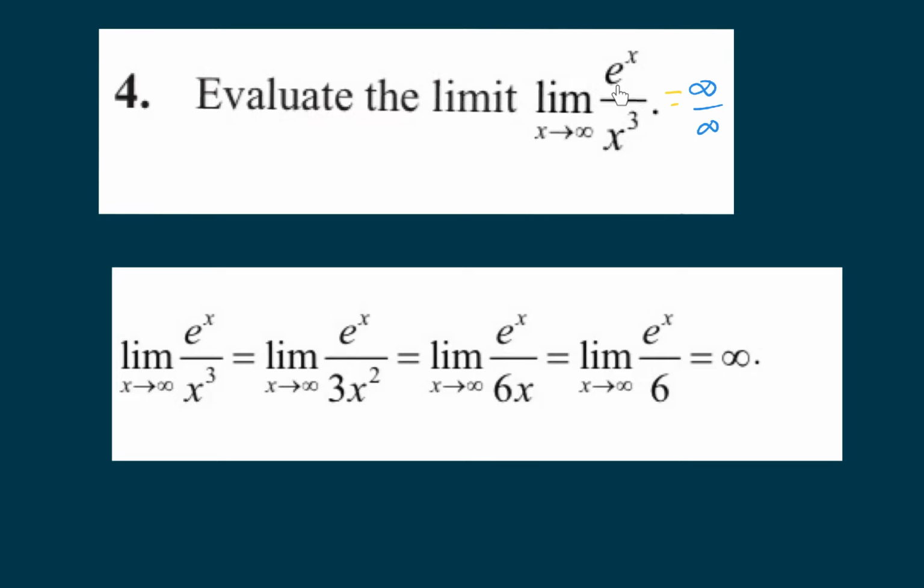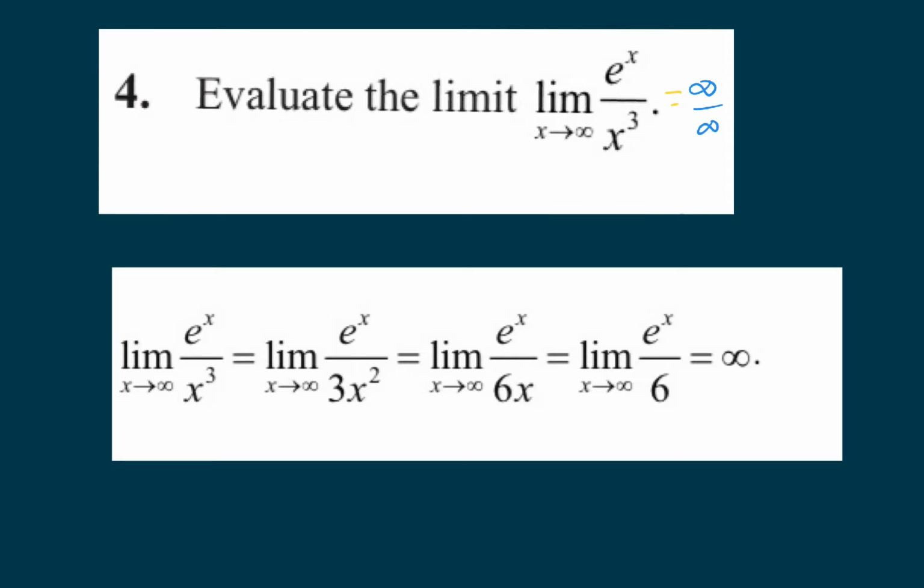What is the limit of e to the x? e to the x. What is the limit of x cubed? 3x squared. But still, when x goes to infinity, e to the x goes to infinity, and the denominator will go to infinity, so it will still be an indeterminate form, infinity divided by infinity.